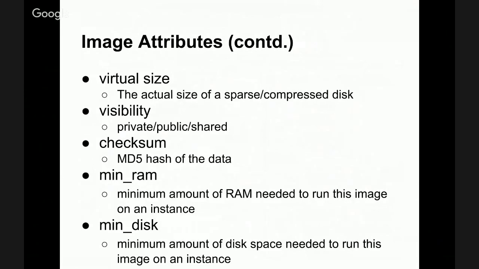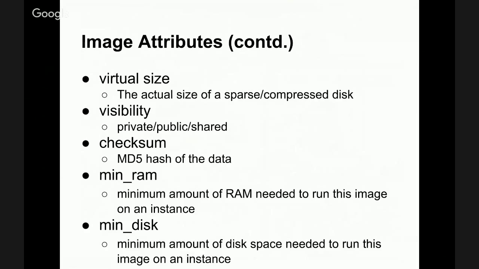There are some other image attributes, like the virtual size, which is the actual size of a virtual disk of a sparse disk. The different virtual disk formats have something known as a sparse disk, which is basically a disk that only takes up the space that is required on the file system, but presents a whole different space to the guest operating system.